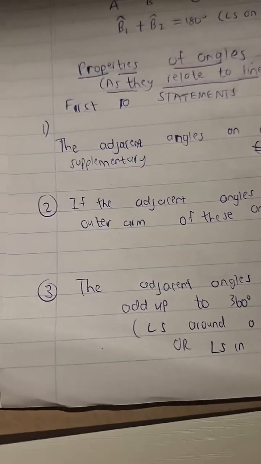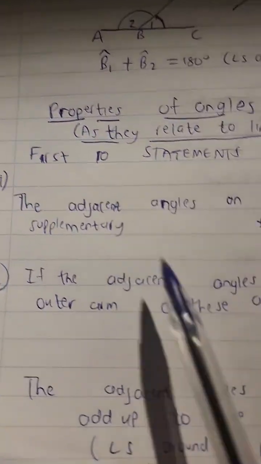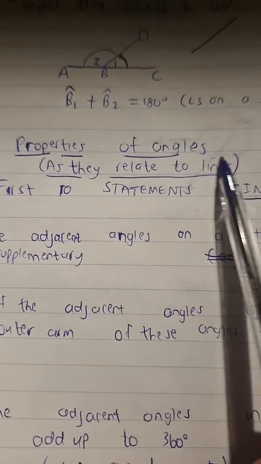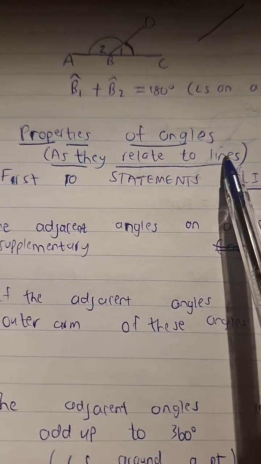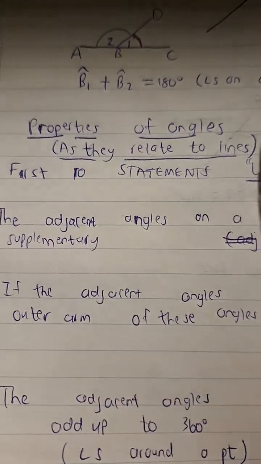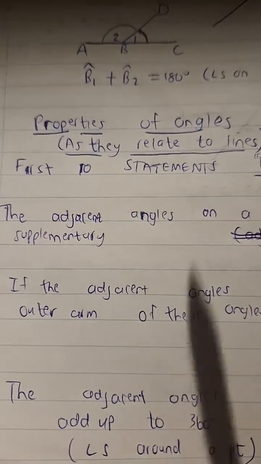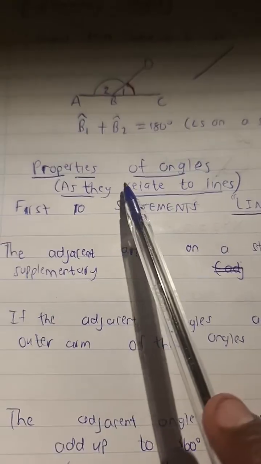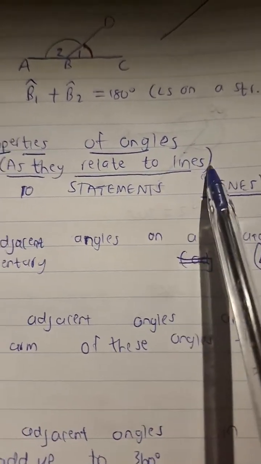So just quickly to recap what we've just looked at. We are looking at the properties of angles as they relate to lines. There are certain properties specifically with regard to angles, which we find where lines are concerned.